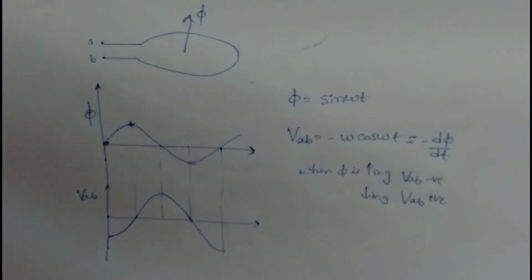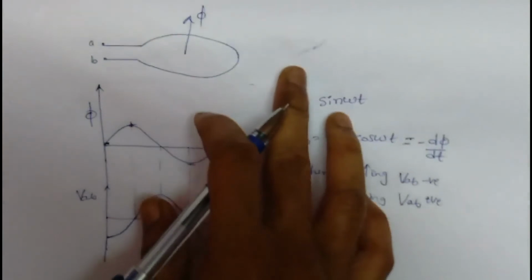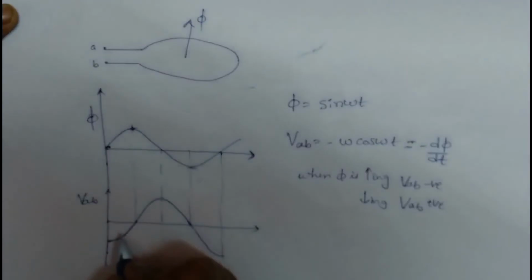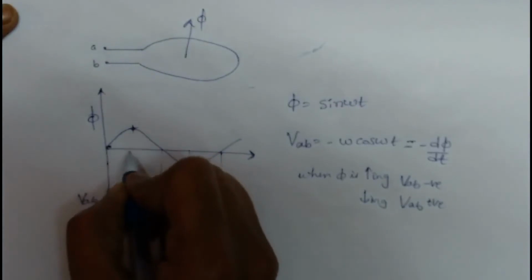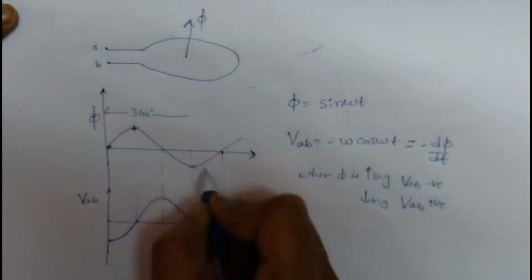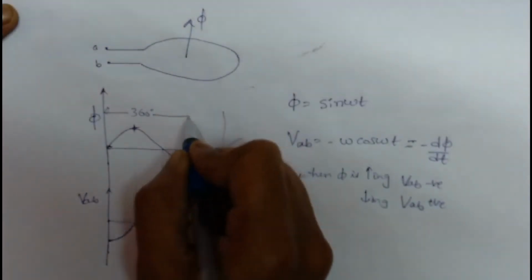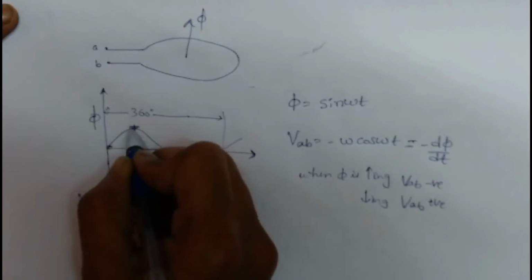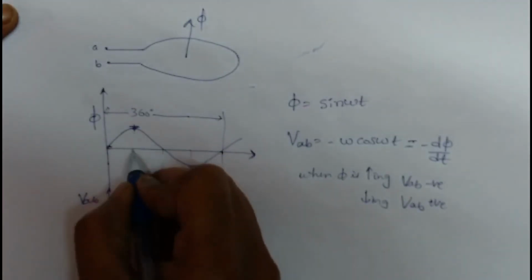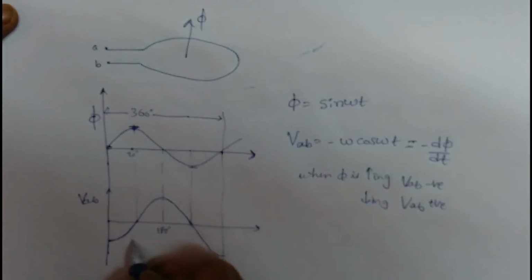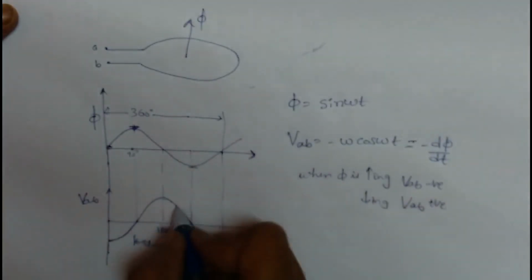Now if we draw the phasor, you can observe here, if this is a 360 degrees period, phi has reached its positive peak at 90 degrees, and after 90 degrees of delay, VAB reaches its peak.